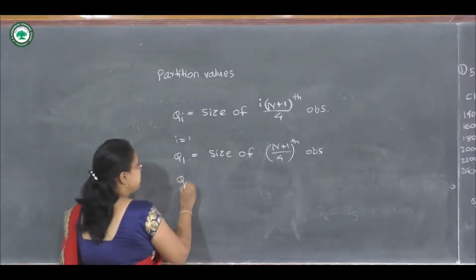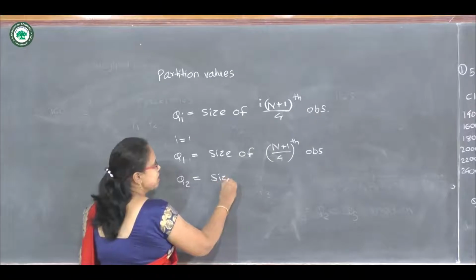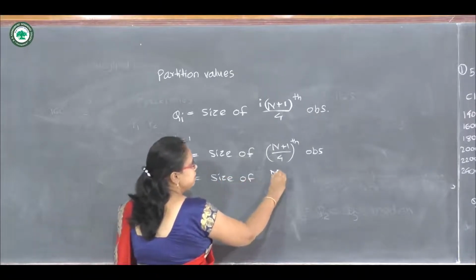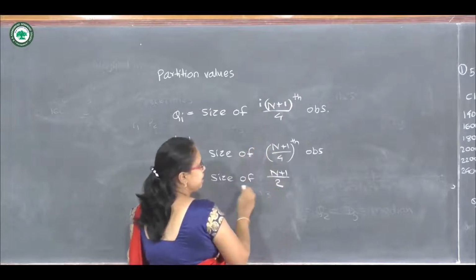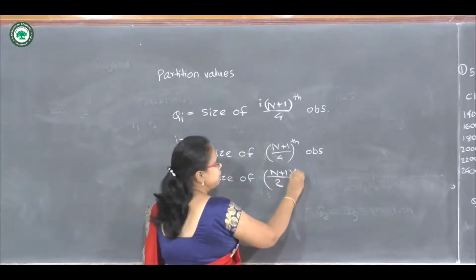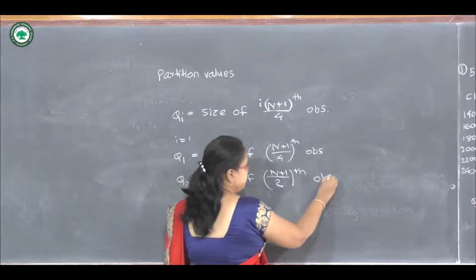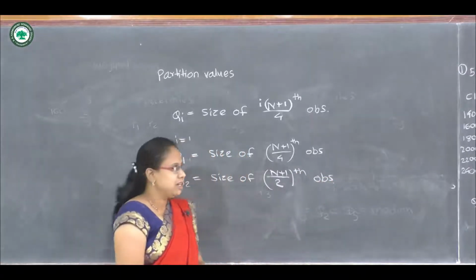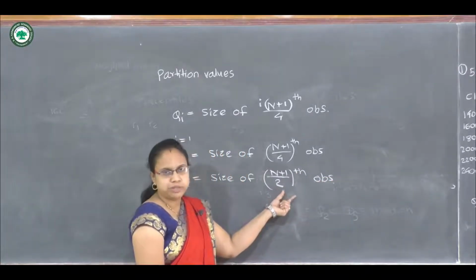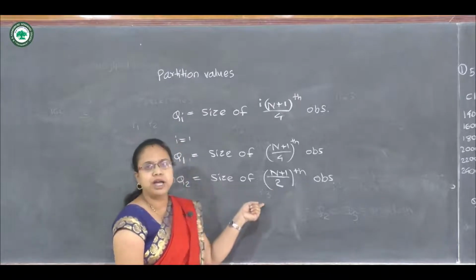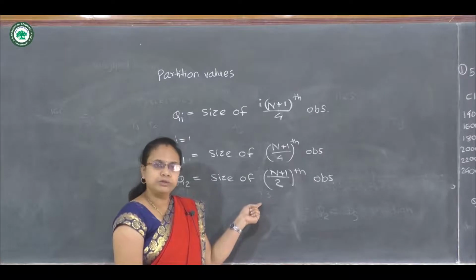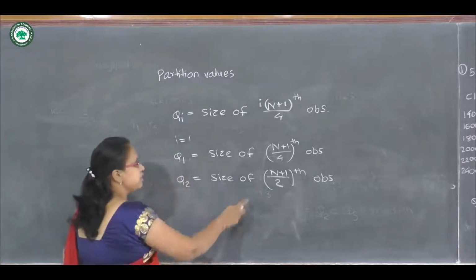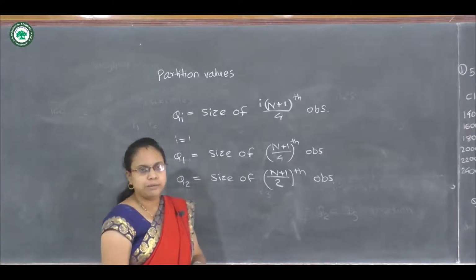Then Q2 can be calculated as the size of n plus 1; here I put i equal to 2, which gives us n plus 1 upon 2th observation. Note that this is the same formula to calculate the median in case of ungrouped data when the number of observations is odd.